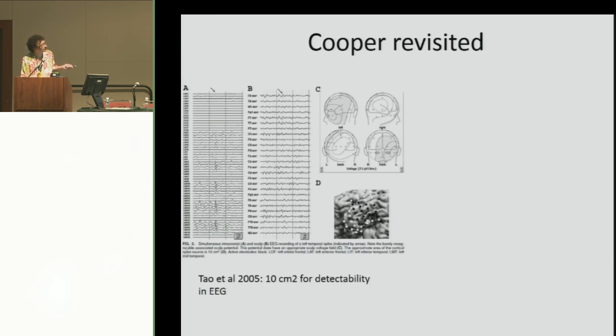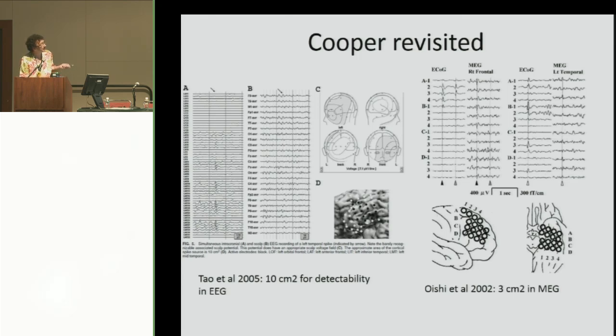And they recorded simultaneously these grids and EEG at the surface, and intracranial recordings. And they found that, in fact, it may be even bigger. The extent of cortex you need to see something at the surface, to see an epileptic discharge, is probably closer to 10 square centimeters. So you have to see it's really a big chunk of cortex which is active.